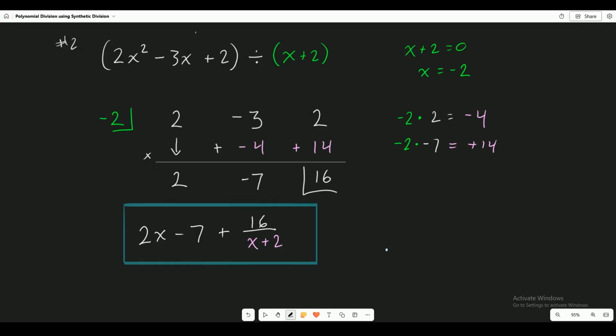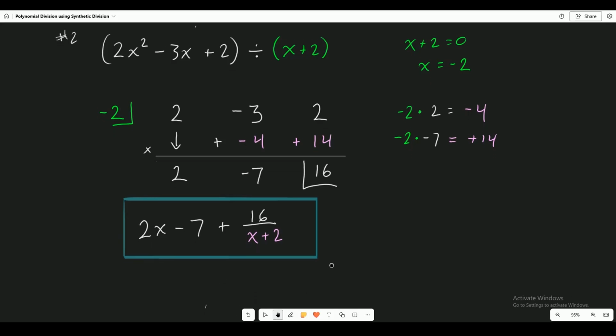But there's a workaround for that, and I'm going to show you guys what it is. But in the meantime, let's just keep this as is, all right? Cool. So 2x squared minus 3x plus 2 divided by x plus 2 is equal to 2x minus 7 plus 16 over x plus 2. Just like that. All right? Let's keep going.